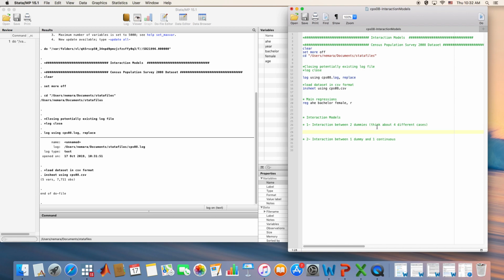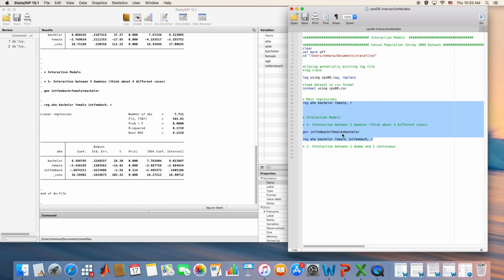So let's generate an interaction between gender and education, which is equal to female times bachelor, and let's add it to this regression model. Okay, and then let's run everything just to make sure that no typos, no mistakes.